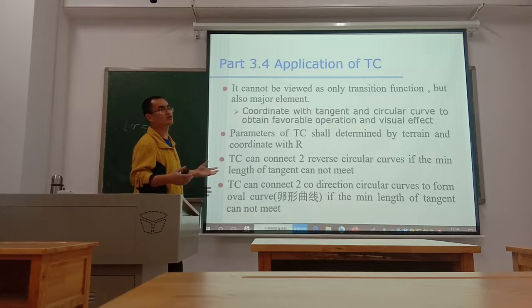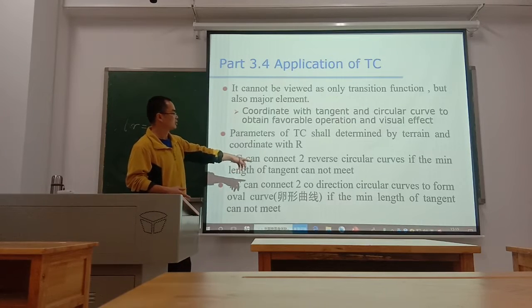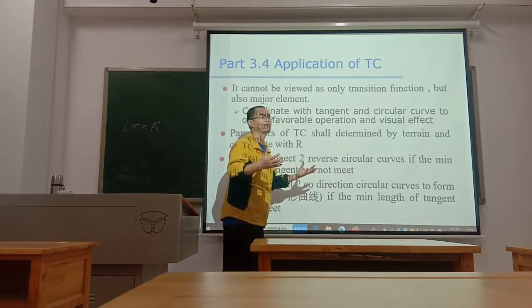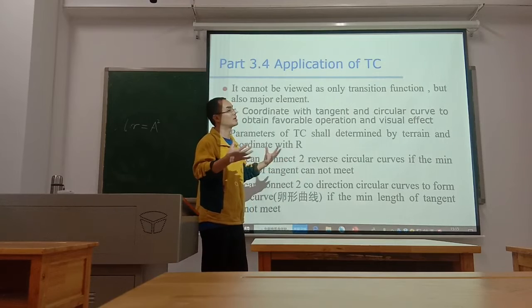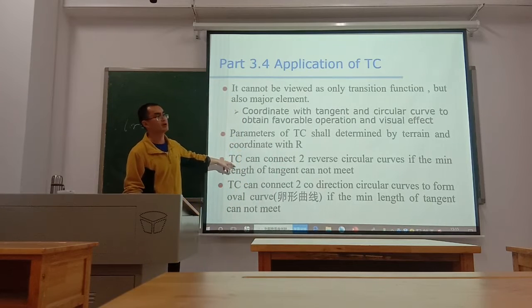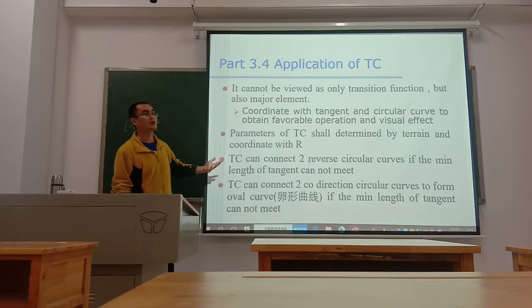The length of the straight line is too short. We can connect these curves with one transition curve, a clothoid. This is the same meaning.